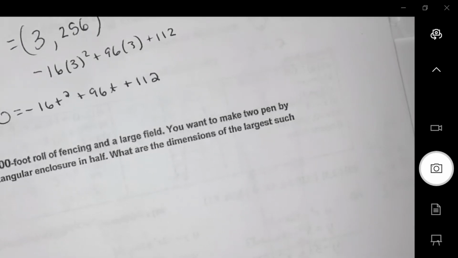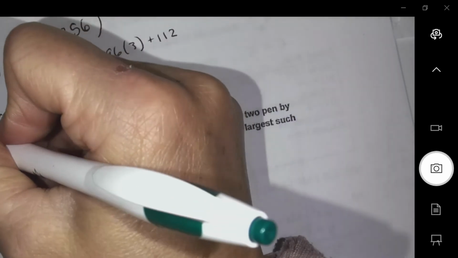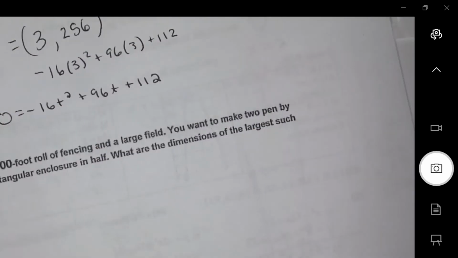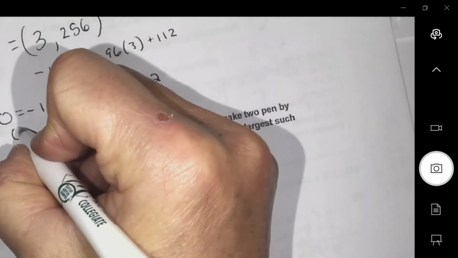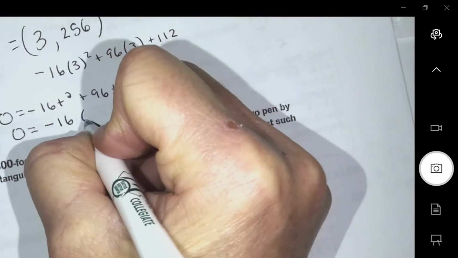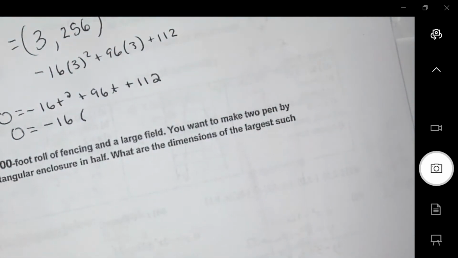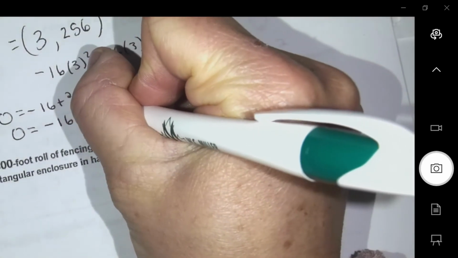I can factor that. Does anybody know a style that might help here? Is that a GCF? Yes, I can take something out. I think everything is divisible by negative 16. That will help me. So negative 16, take that out as a GCF, leaving me with t squared.